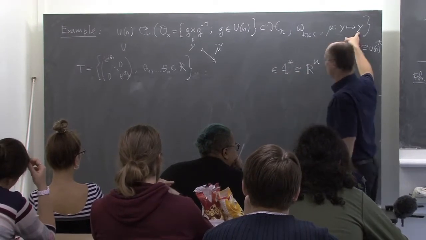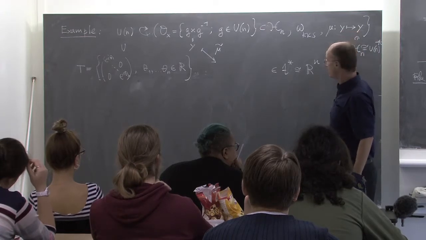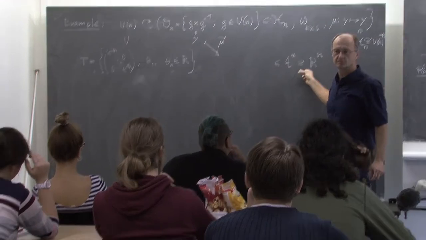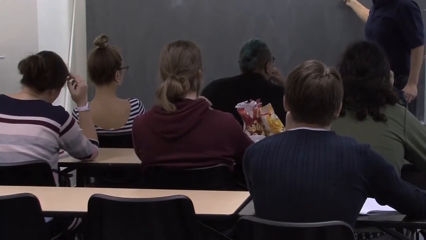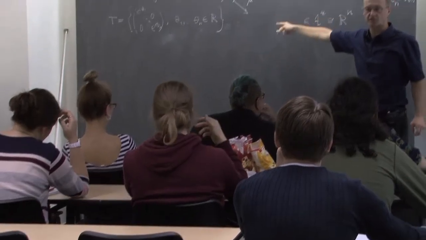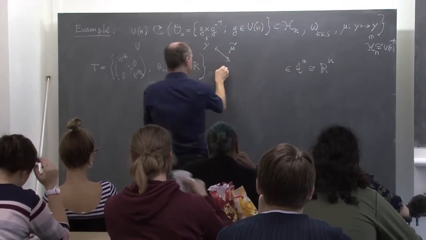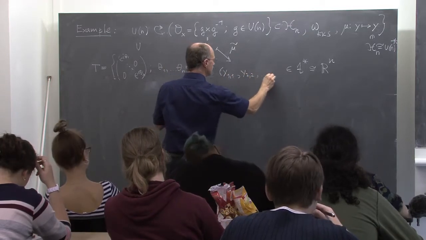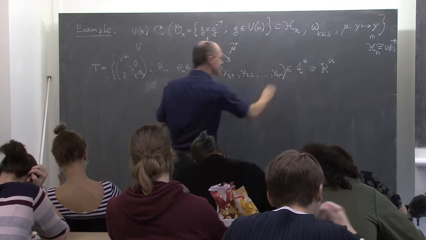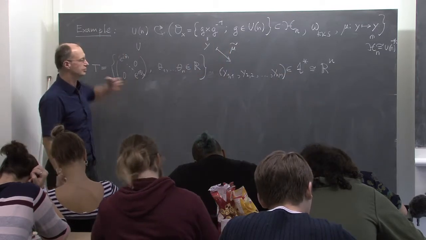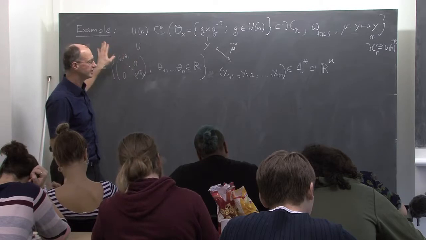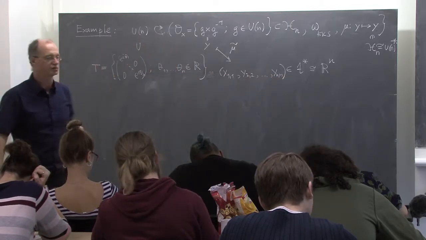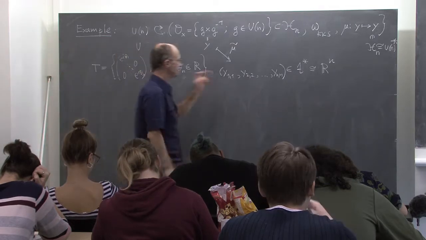Here was an n by n matrix, and we want an n-dimensional real vector. So just the elements on the diagonal? That's right. So if one does it carefully, one will see that this will be just the diagonal part. So we just throw away all the off-diagonal elements, and we just take the vector of diagonal elements.